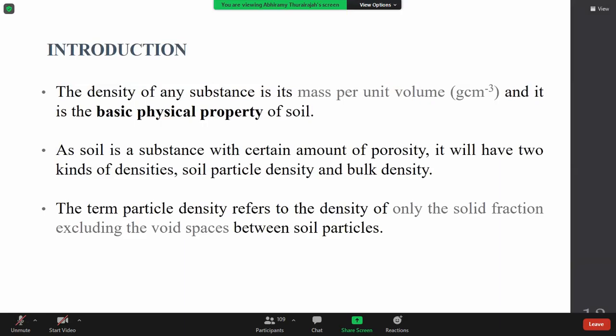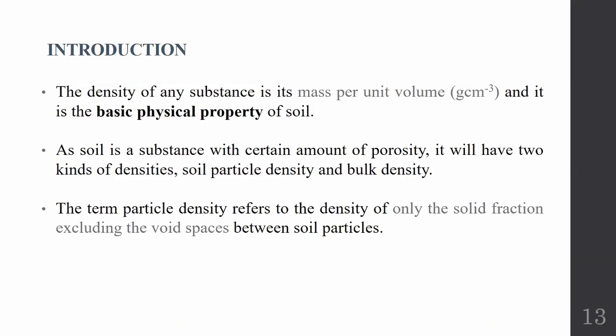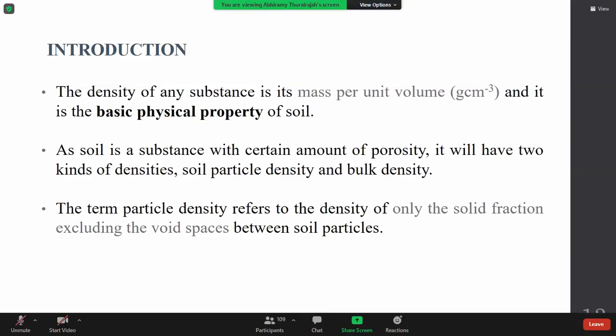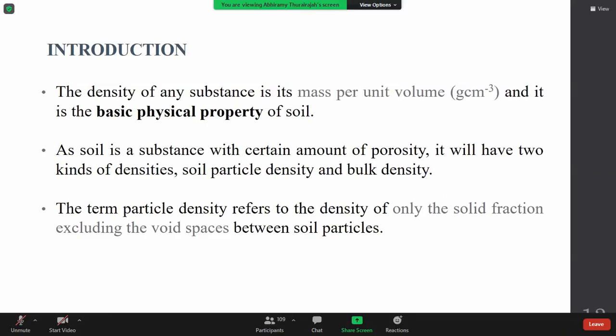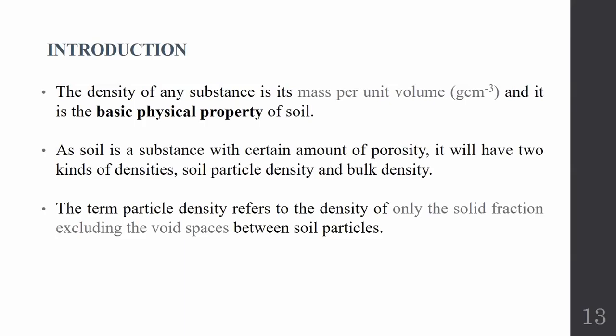Bulk density and particle density both are physical properties of the soil. These properties are related to the porosity. Particle density means only the solid fraction, excluding the void space between the soil particles.